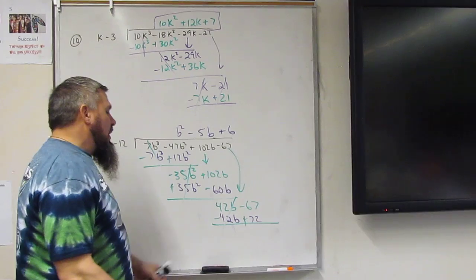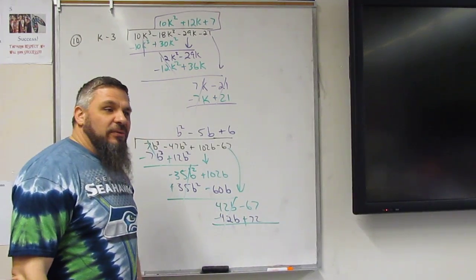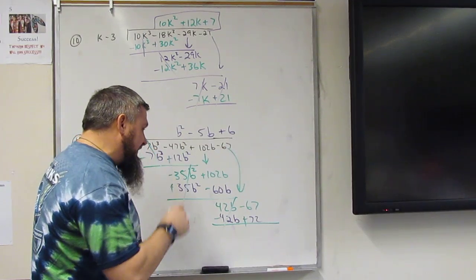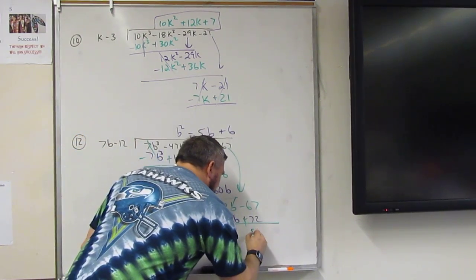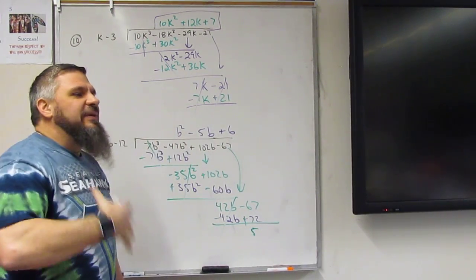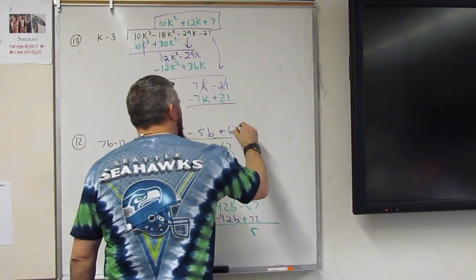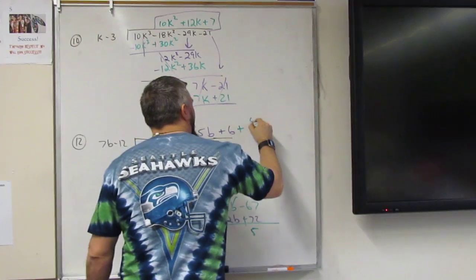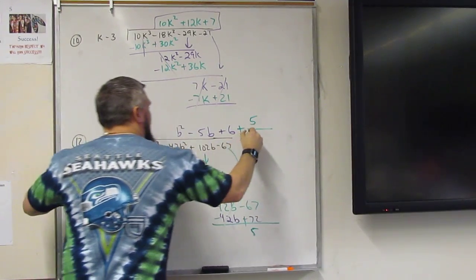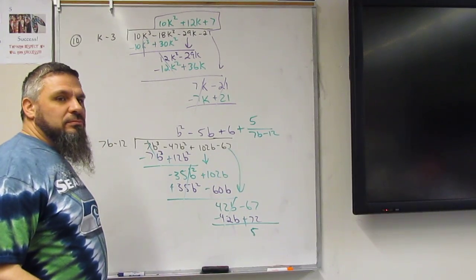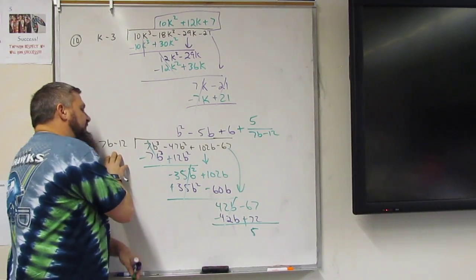These cancel, but this leaves me some left over, right? So how much left over? It looks like 5. Okay, so what do I do with that 5? Put it over 7b. Yes, I say it's plus 5 over 7b minus 12. Now, is this a factor?